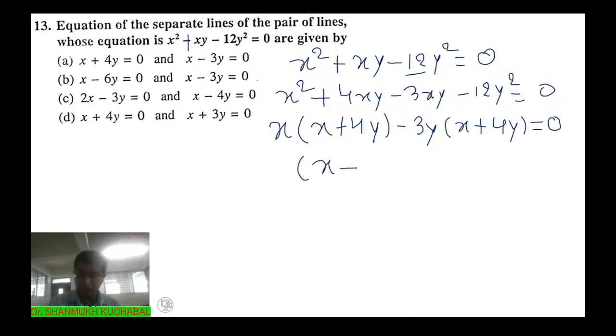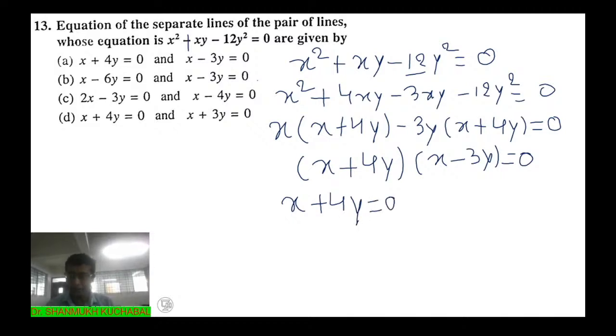We get x plus 4y as one factor and x minus 3y as the second factor. Now first factor equated to 0, we get x plus 4y equal to 0. Similarly, we equate the second factor to 0, so we get x minus 3y equal to 0. Therefore, it is clearly option A, x plus 4y equal to 0, x minus 3y equal to 0 is the right answer.